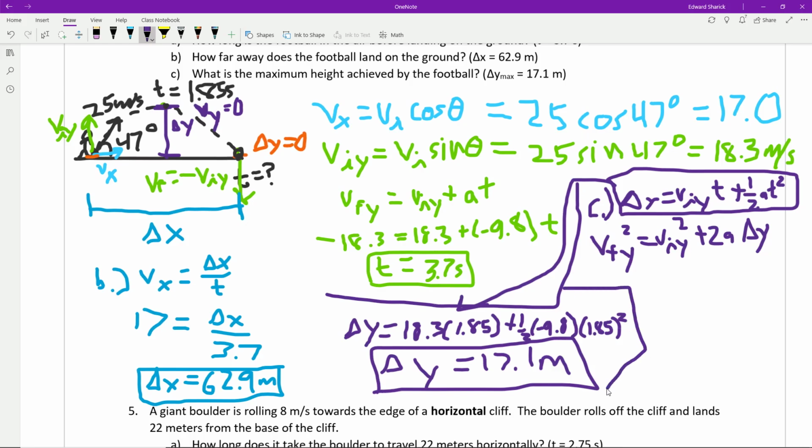But you can also look at it in regards to this equation with v final y being 0. And this might be a little simpler to solve. We put in 18.3 squared plus 2 times negative 9.8, and then delta y is unknown.